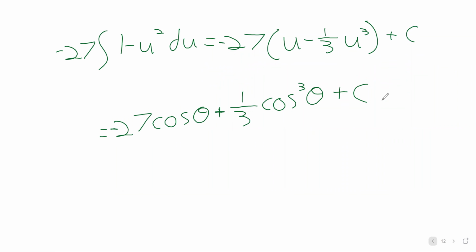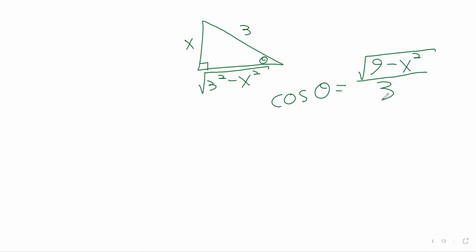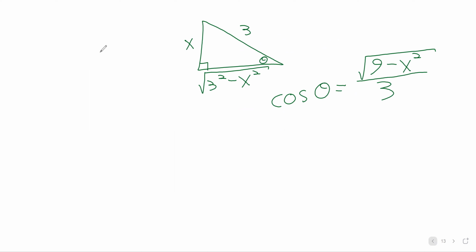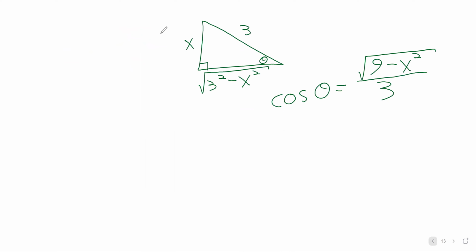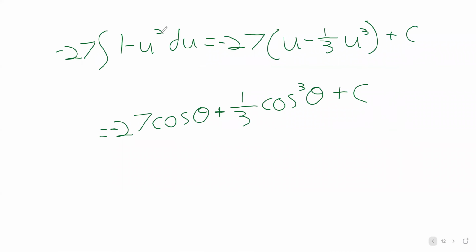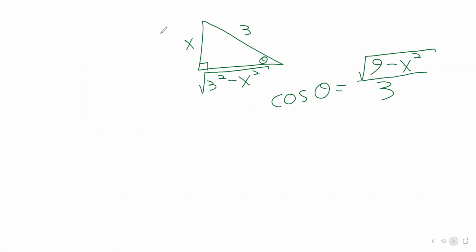So negative 27 times the cosine of theta, so negative 27 times this. Plus 1/3 times this cubed.